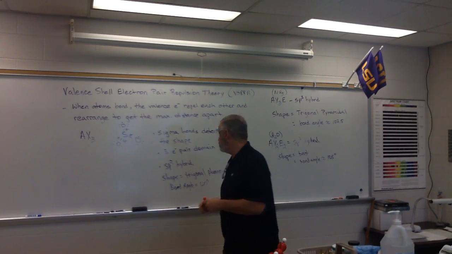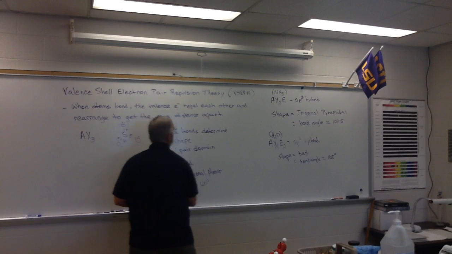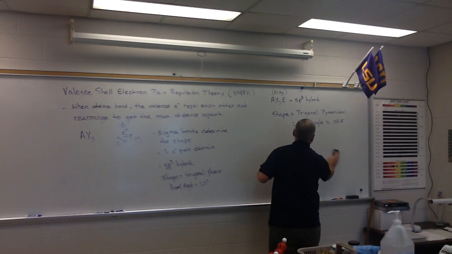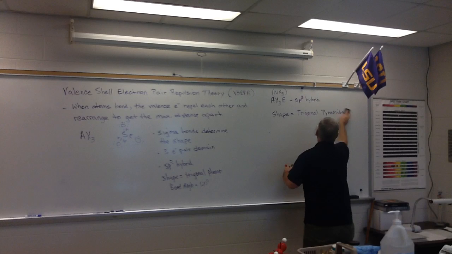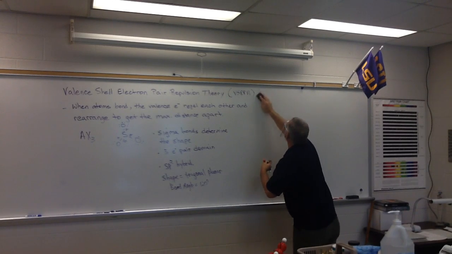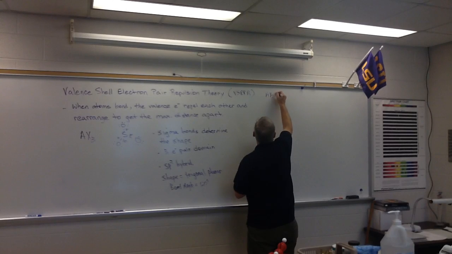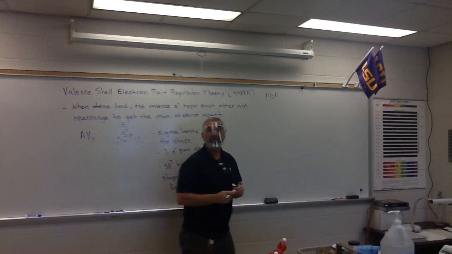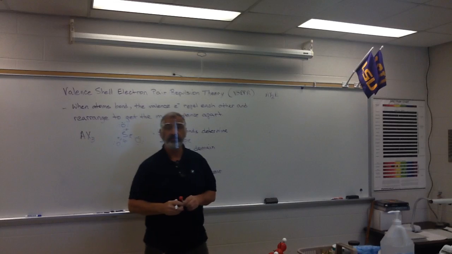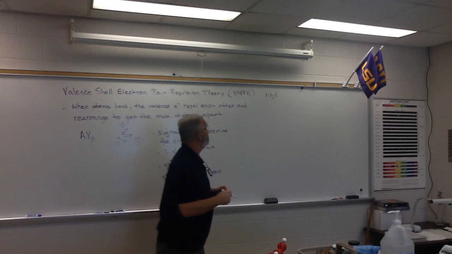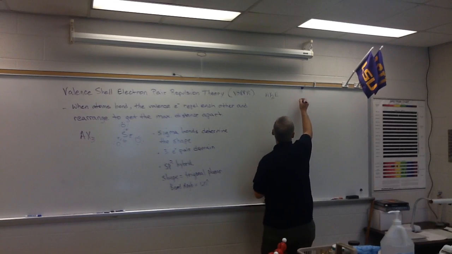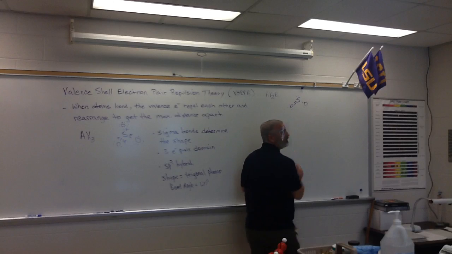So we go to AX2E. Still, how many electron pair domains do I have? 3, right? Okay, so I can say SO2 in this case. But one of the electron pair domains is the lone pair.